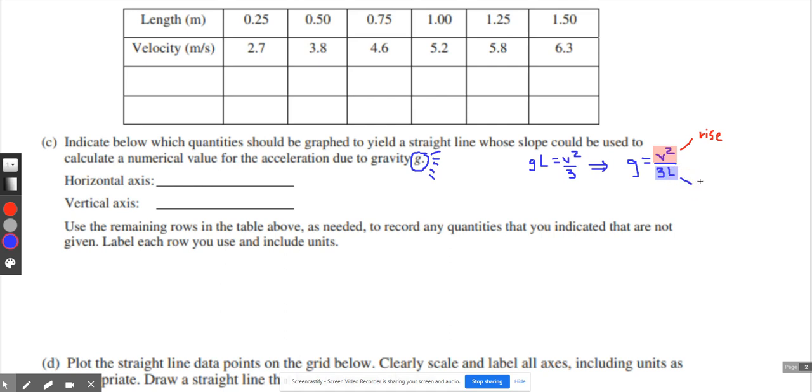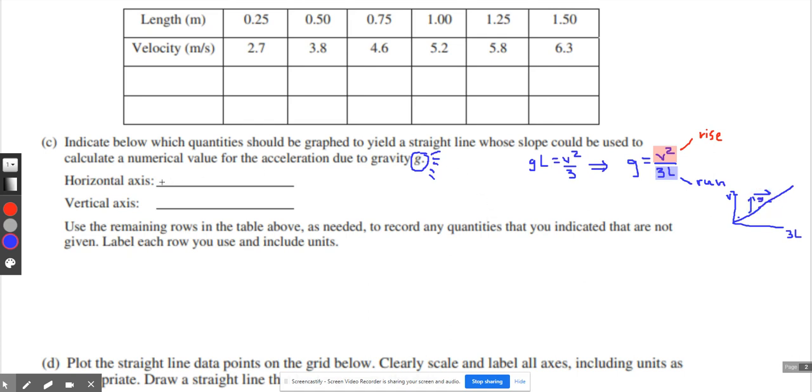And this is exactly what I would write on the test. When I go to graph, if I graph v squared and 3L, it should produce a straight line, based upon 3L being my horizontal axis and v squared being my vertical axis, and the slope of the straight line is going to be g.